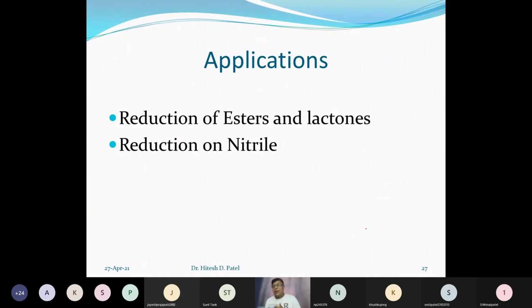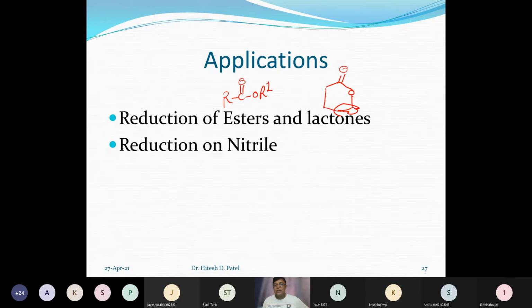Normally this compound we can use for the reduction of ester, lactone and nitrile. You are very much familiar with the ester. Ester means RC double bond O, OR1. This is called ester. Lactone means it is a cyclic compound, C double bond O, O, but the ring is closed.